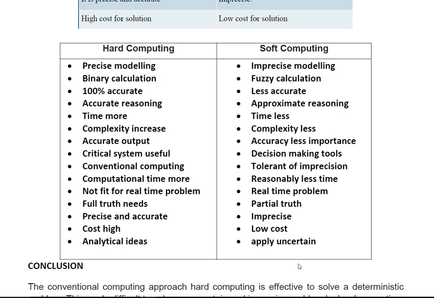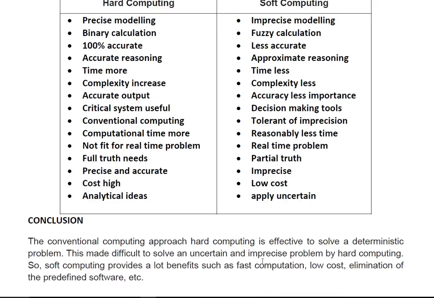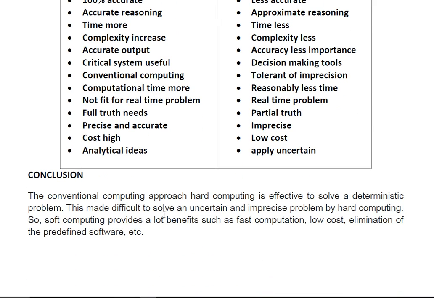So let us conclude this segment: the conventional computing approach, hard computing, is very effective in giving a solution for a deterministic problem, because in conventional systems the problem increases with its size and complexity. Hence the design in a conventional approach needs to increase.